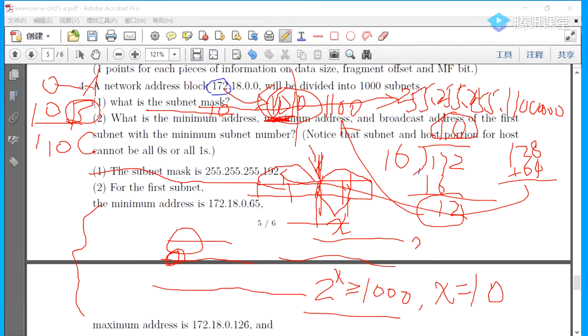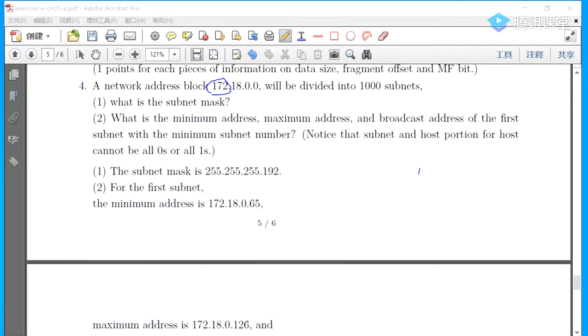Then for the first subnet, we should determine the first subnet with the minimum subnet number. Now we have no blackboard, so it is somewhat difficult for me to write with the mouse. 4 bytes, right?